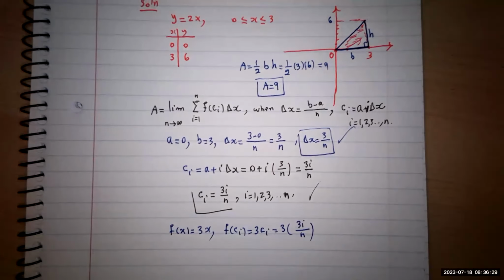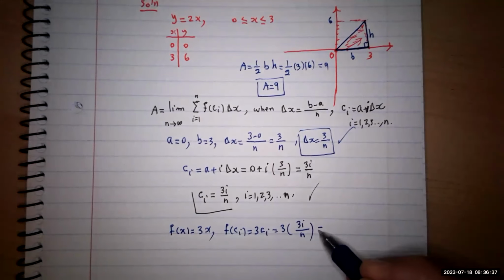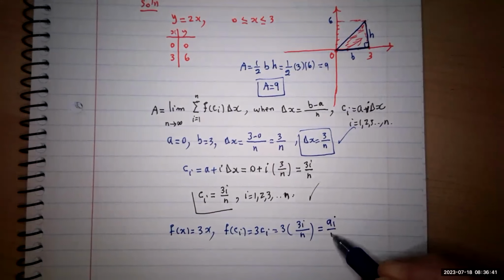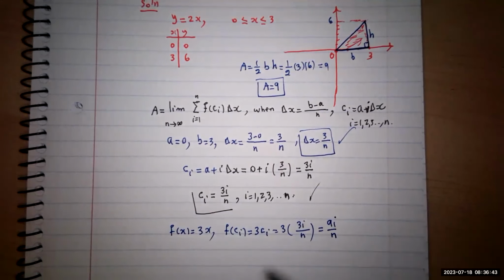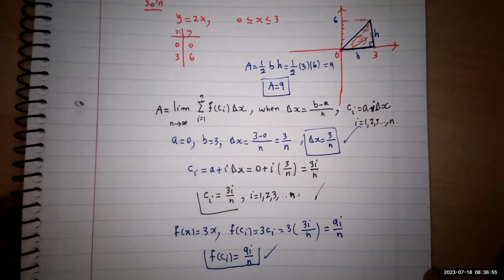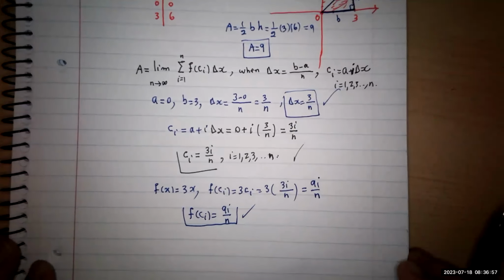So 3ci would be 3 times 3i over n. So 3 times 3 would be 9, so that gives 9i over n. So f of ci is equal to 9i over n.